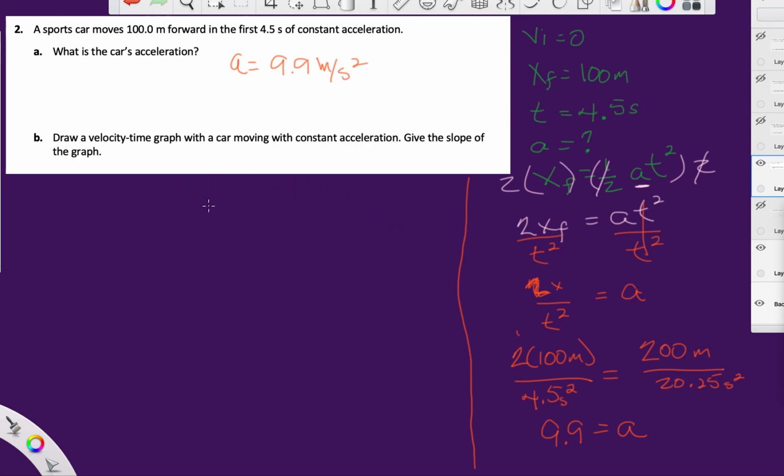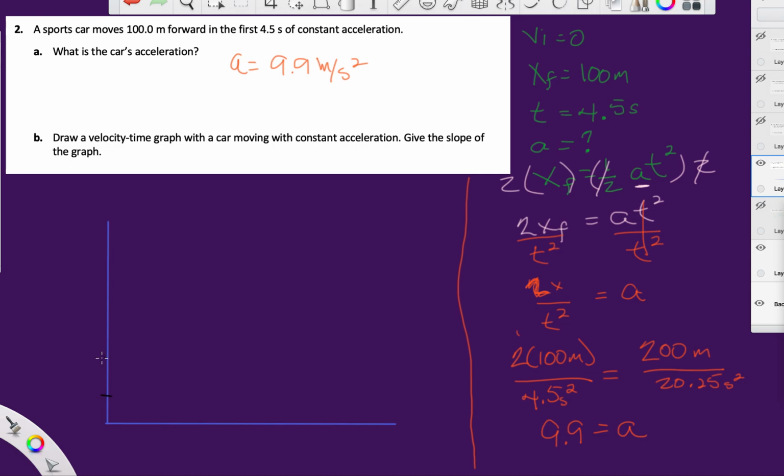All right, so the next part is drawing a velocity time graph. And I can go ahead and change the colors here. I want it to be super duper simple. I don't want you to overthink this. I want you to just make this as easy as possible.